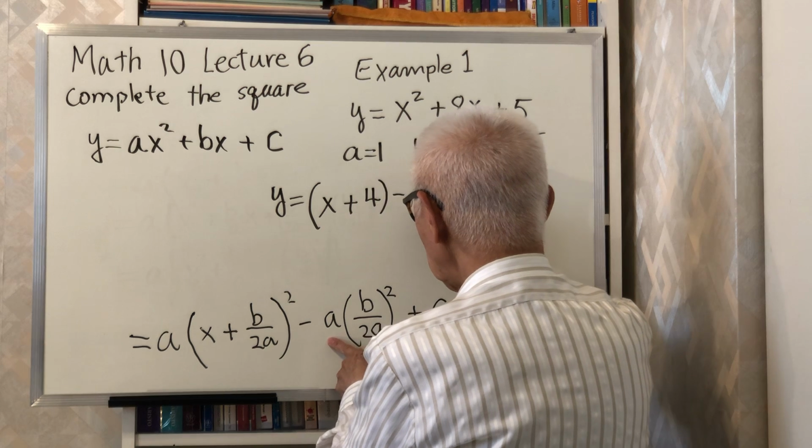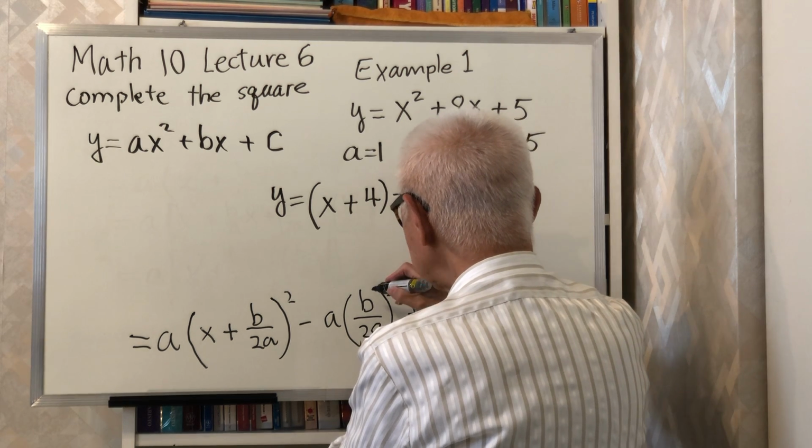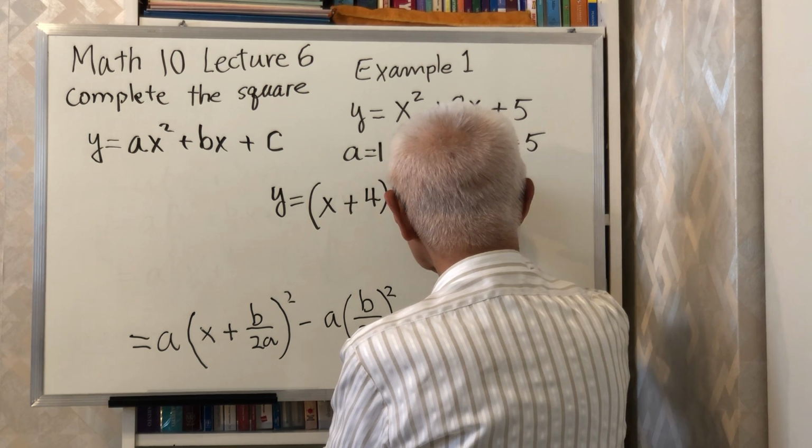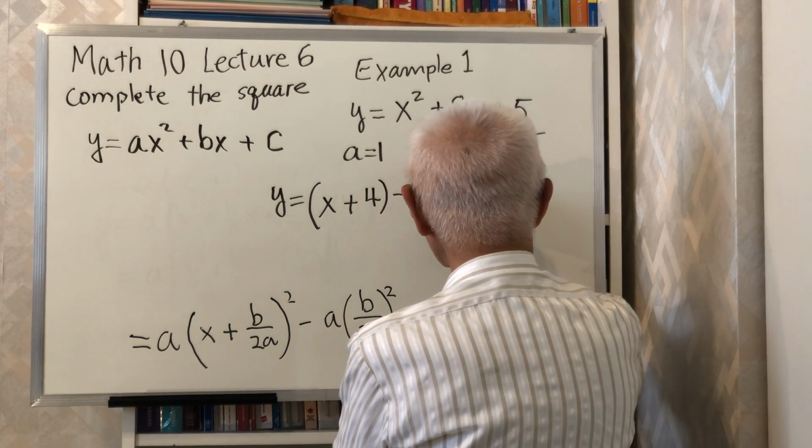Minus a, which is 1, times b over 2a, which is 4, plus c, which is 5.